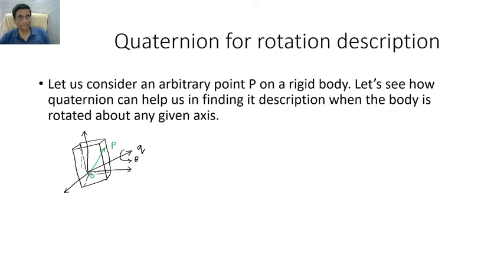So what will be the new description of P that can be directly obtained from the quaternion?